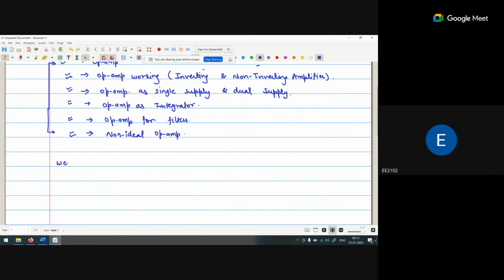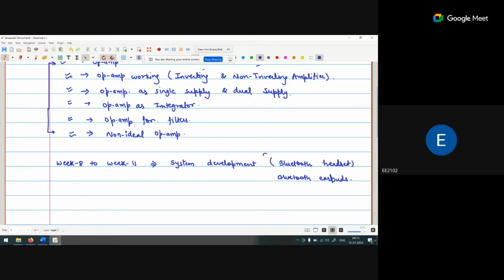Then week 8 to week 11, we are discussing system development, where we start with a Bluetooth handset, headset, or Bluetooth earbuds.